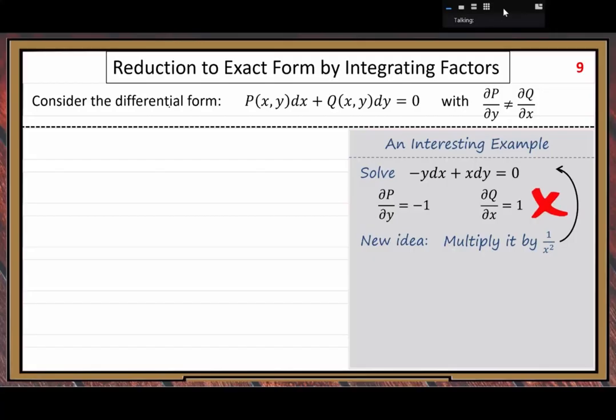If we multiply this function on both sides, we get a new differential form. You can see the new form and old form are almost equivalent, right? It may not be completely equivalent, because with this function 1 over x squared, x is not allowed to be 0.